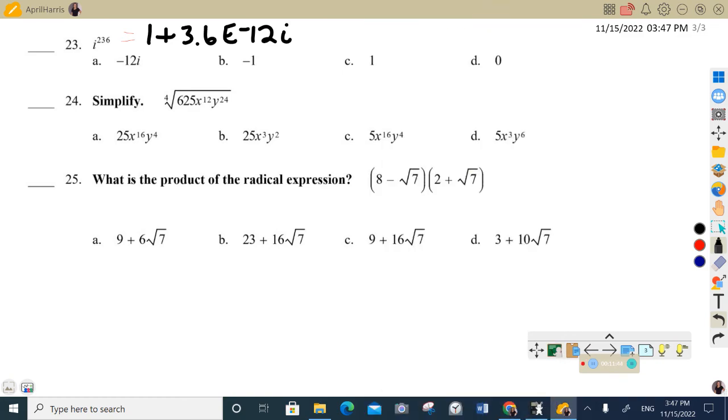Now, what we've talked about in class is this is scientific notation. What this really means is 1 plus 3.6 times 10 to the negative 12th power times i. And this number right here is basically 0 because it's a decimal point with 11 zeros.